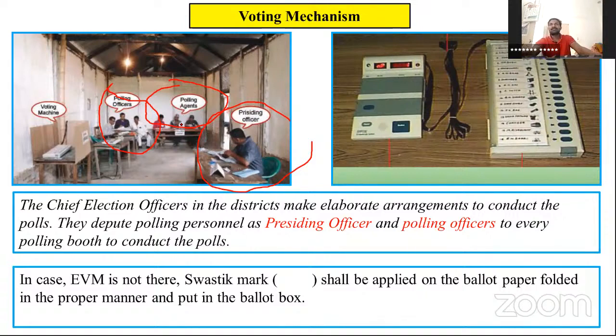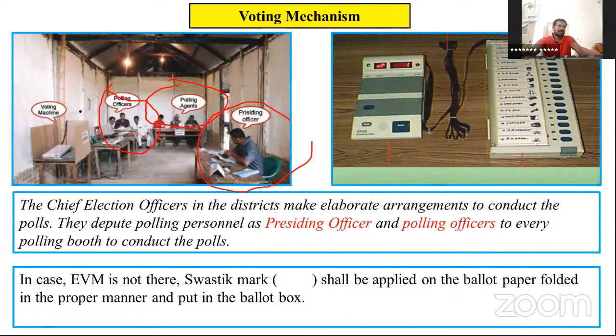If a voter is not recognized by the polling agents, they can challenge at the time of voting. These polling agents do not have any party symbols, party flags, or anything belonging to the party.